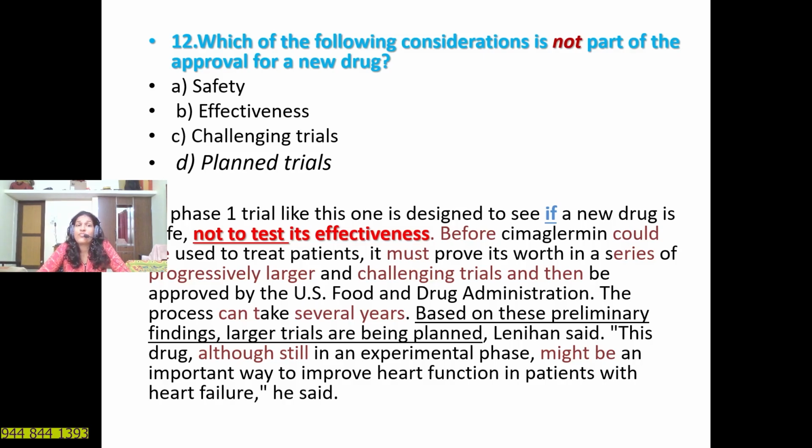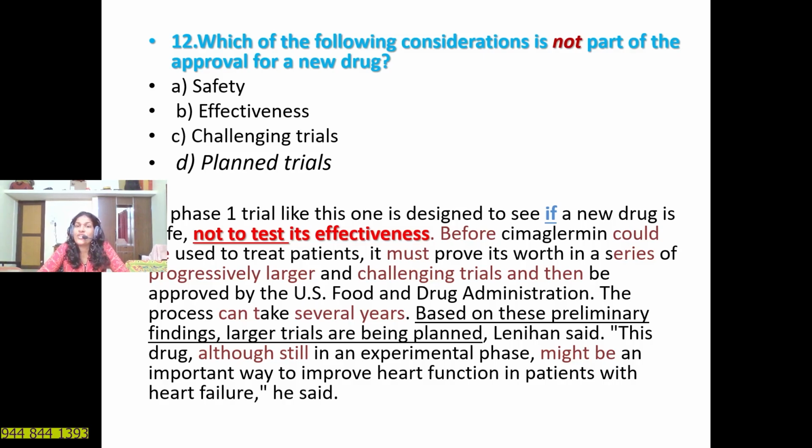Then before semaglutide could be used to treat patients, it must prove its worth in a series of progressively larger and challenging trials. Challenging trials are there. Then after seeing the safety, the effectiveness, and putting things into challenging trials, you go for approval by the US Food and Drug Administration. The process can take several years.